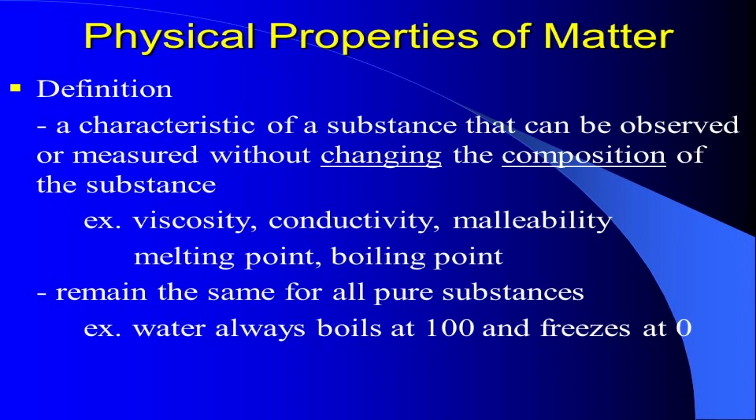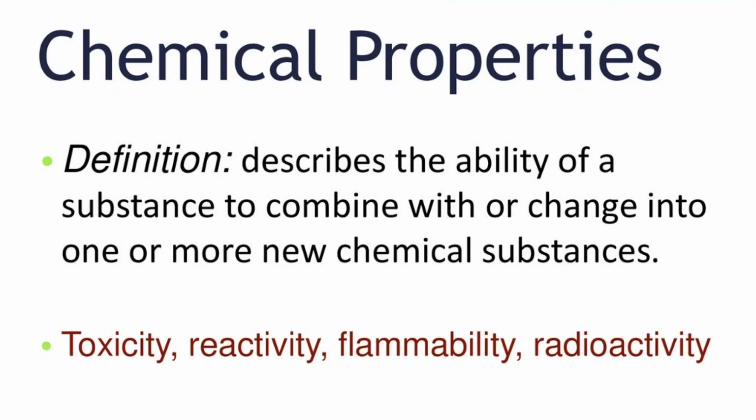Some properties are appearance, texture, color, odor, melting point, boiling point, density, etc. What is chemical property? Properties that describe how a substance changes into a completely different substance are called chemical properties. Some properties are flammability, toxicity, acidity, reactivity, and so on.